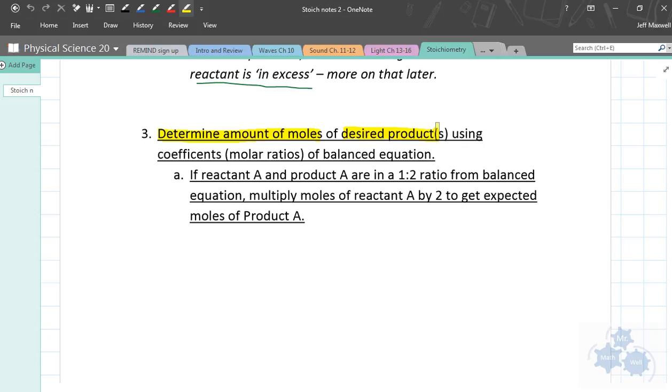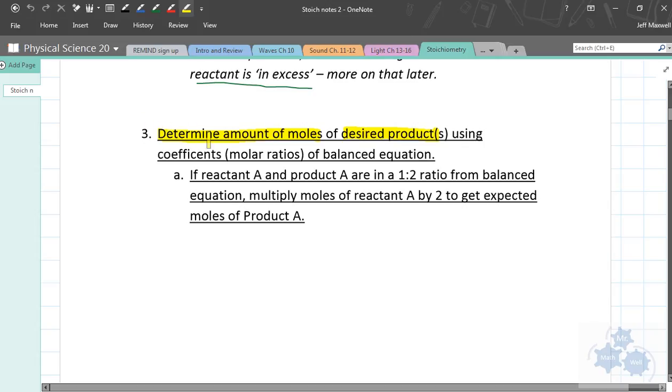Okay? So what we have to do then is determine how many moles of the product we're going to get. And of course we have to use the coefficients, which are the molar ratios of the balanced equation. So if reactant A and product A are in a 1-to-2 ratio from the balanced equation, then obviously 1 mole of reactant A is going to produce 2 moles of the product.